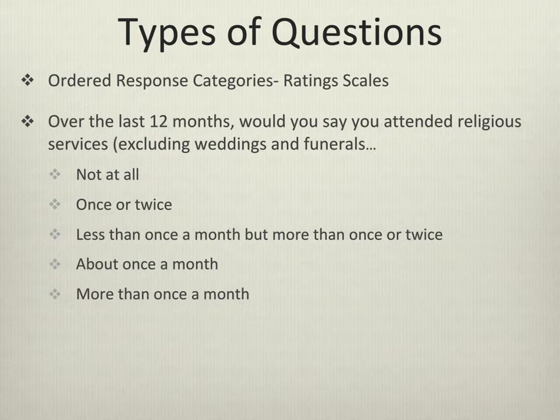You might also have questions that are ordinal rating scale response questions. Anything that's strongly agree to strongly disagree, strongly support to strongly oppose, or as in the example here, measuring something that happens over time.